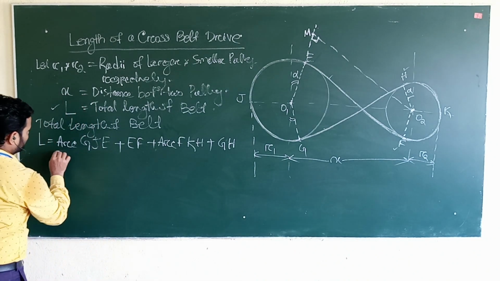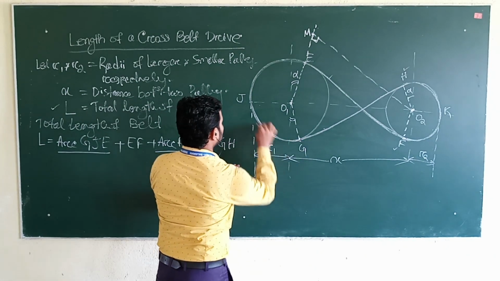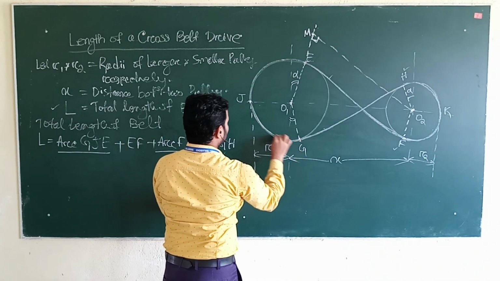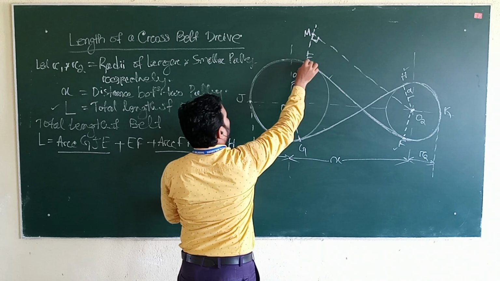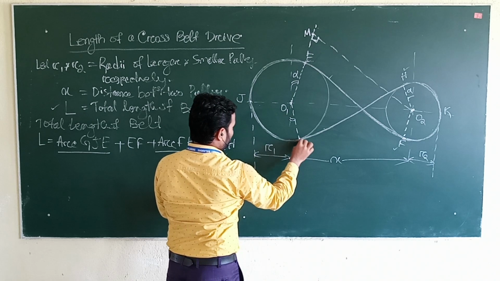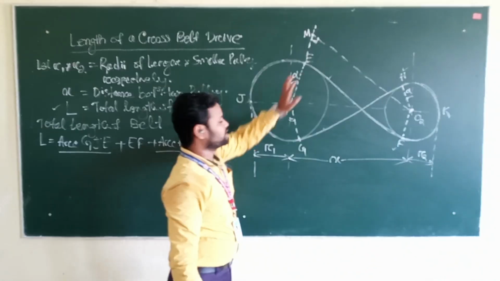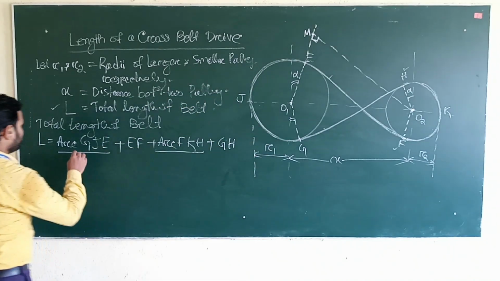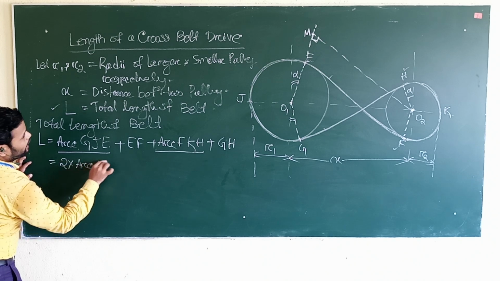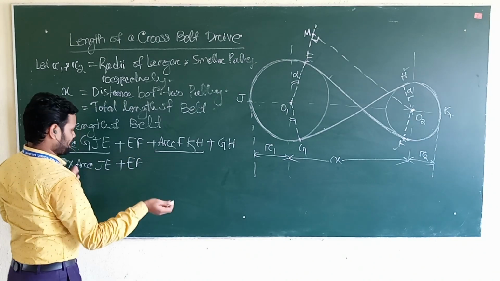So first we will see arc G, J, E, next arc F, K, H. In arc G, J, E, the midpoint is J. So arc G, J, E can be written as twice arc J, E, as J is the midpoint and the full arc is twice the half arc J, E. So in place of arc G, J, E, we can write twice arc J, E. Plus E, F, the same.